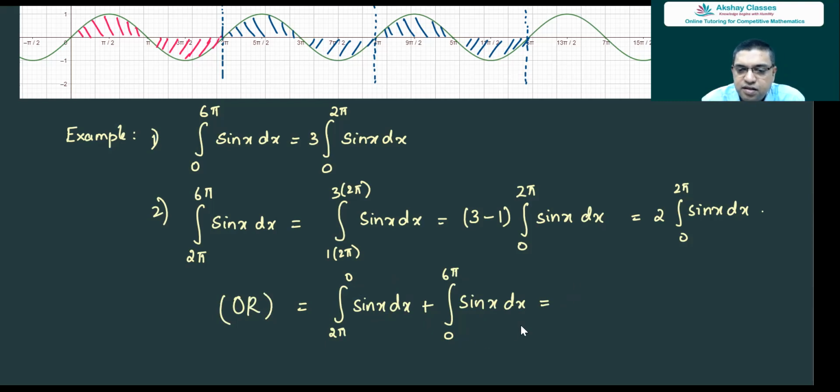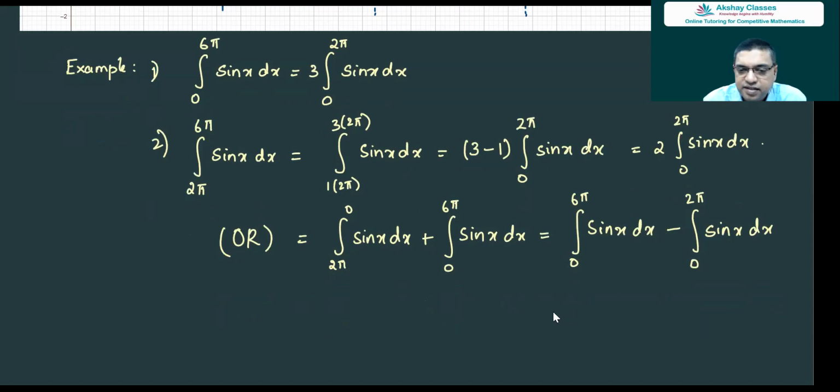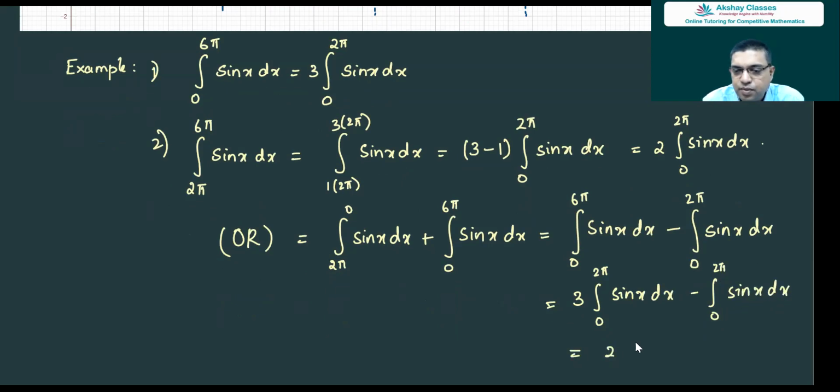So the second integral I'll write first, 0 to 6 pi sin x dx. Now I'll interchange the limits. When I interchange the limits, I'll get minus 0 to 2 pi sin x dx. Correct? This from the previous result is 3 times integral 0 to 2 pi sin x dx. And this is integral 0 to 2 pi sin x dx, which is again our valid answer.